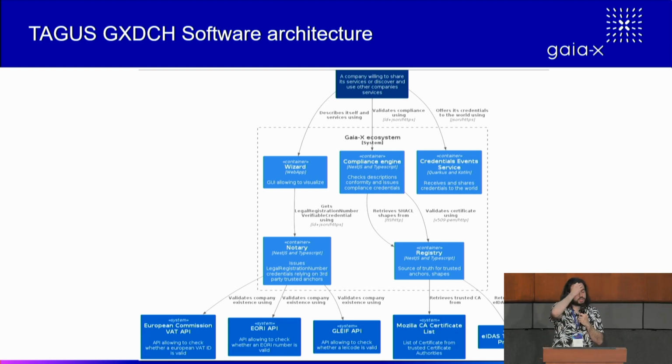And the registry, I mentioned that you have to use specific certificates to be Gaia-X compliant and to go through, meaning that we have two sources of truth right now for those allowed certificates: the eIDAS trust service providers list provided by the Commission, and we are using the Mozilla Certificate Authority list for the EV SSL and for all the SSL certificates on non-production.